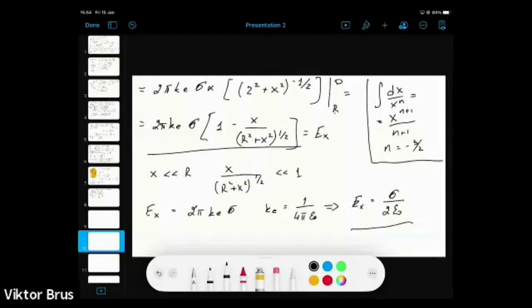But this concept is very convenient for visualization of electric field. So please take your time, read in the textbook, and please ask your questions if you have any.